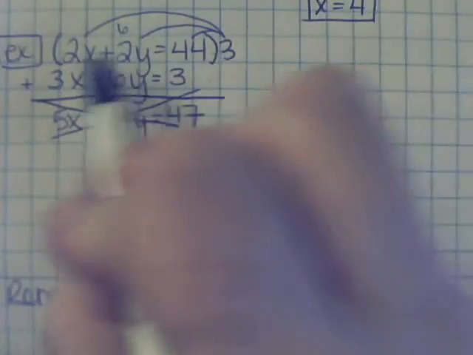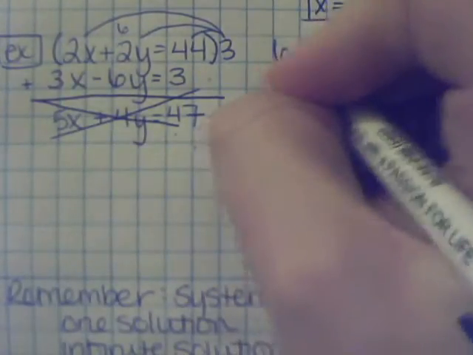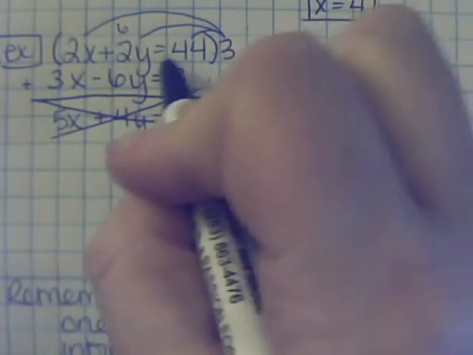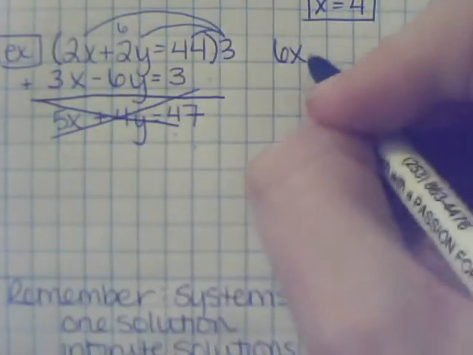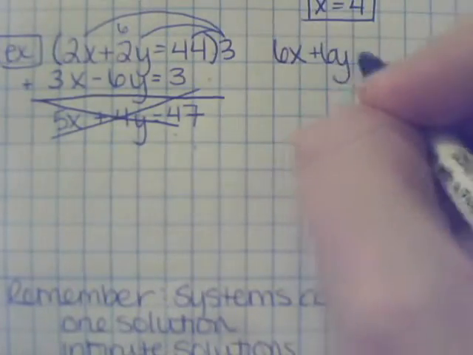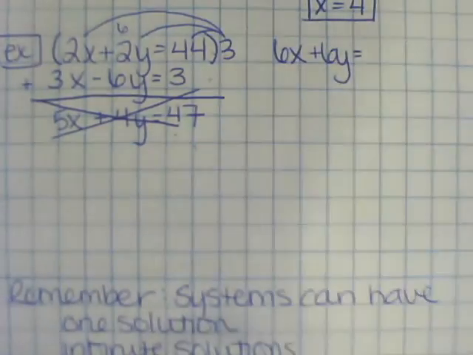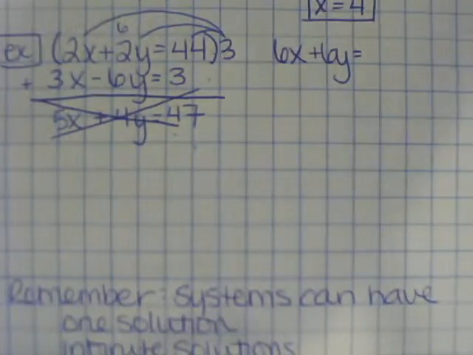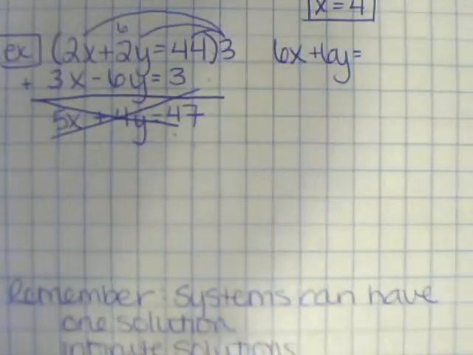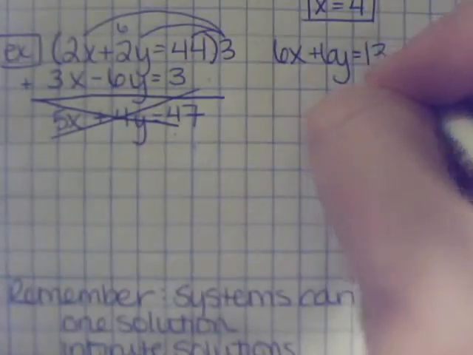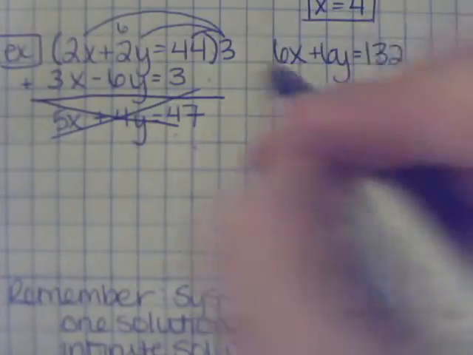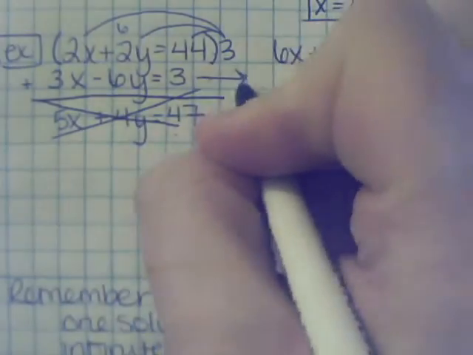So I'm going to do 3 times 2 to get 6x, 3 times 2 to get 6y, keep the equal sign there, and then 44 times 3 is 132. And I keep my second equation exactly the same as it was.